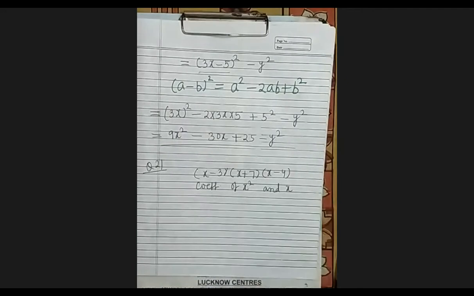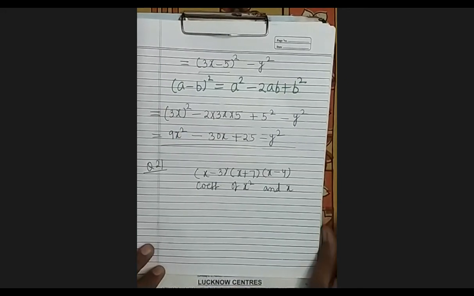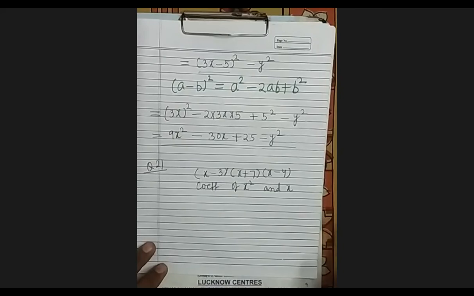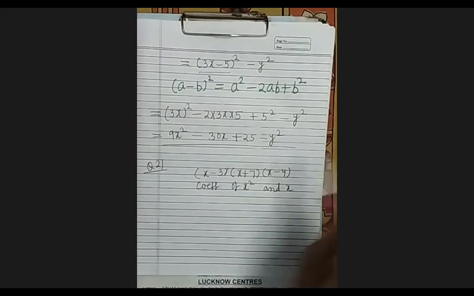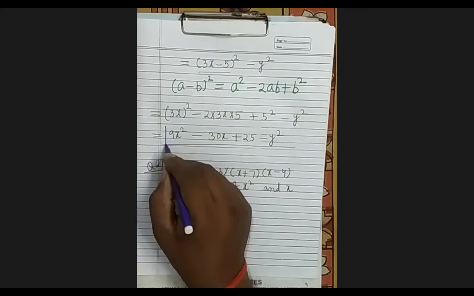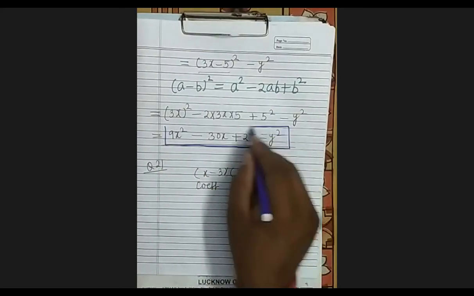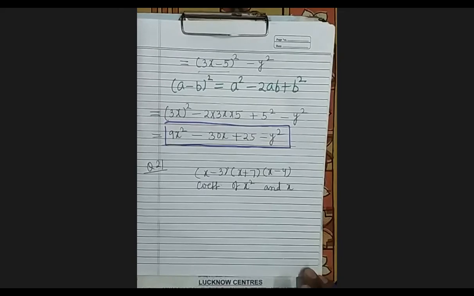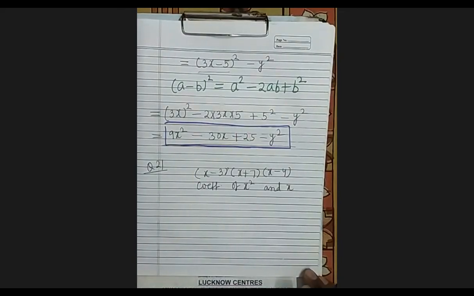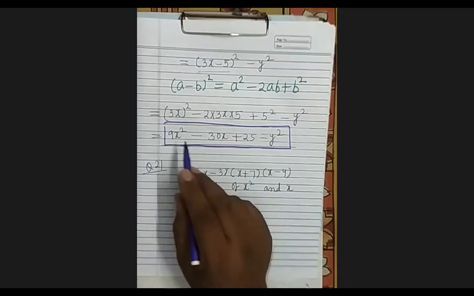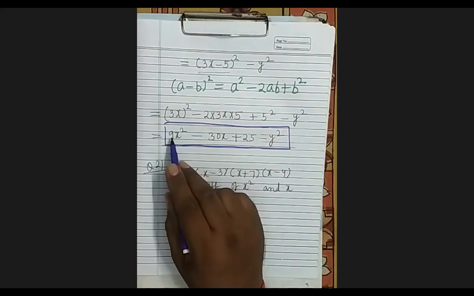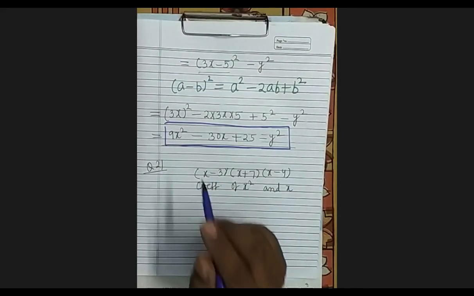First you should know what is the meaning of coefficient. This is an algebraic expression. Coefficient of x square means the number which is associated with x square, including sign.